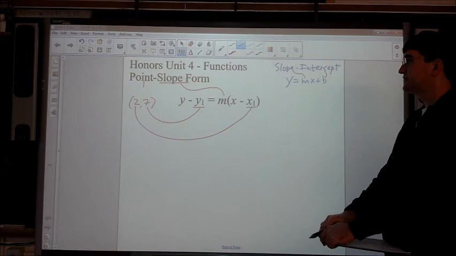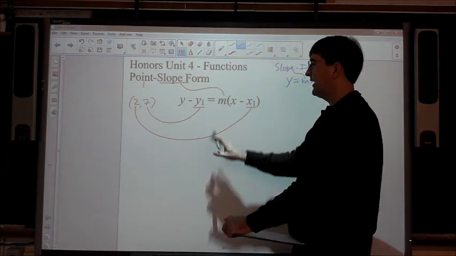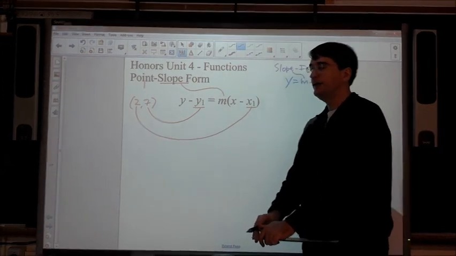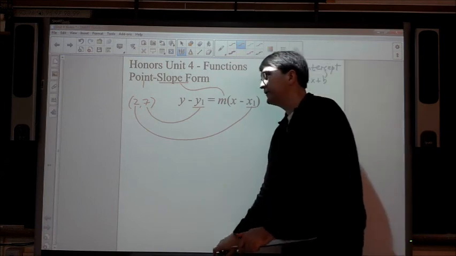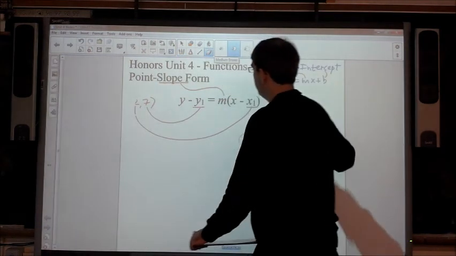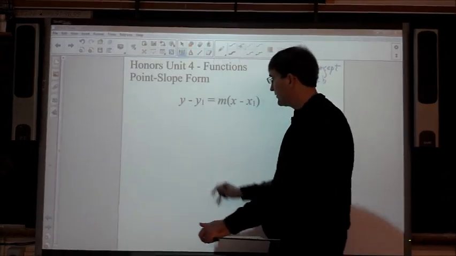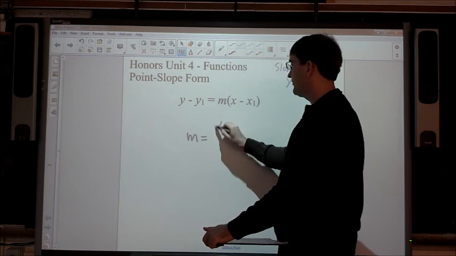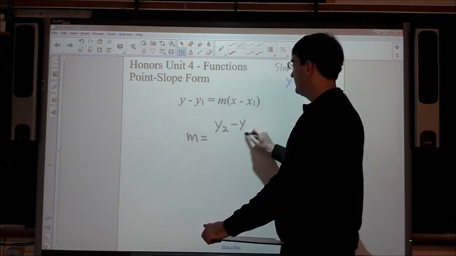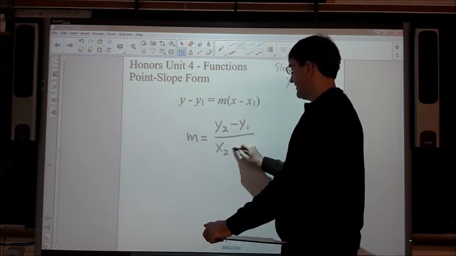We'll see an example in just a moment, but I do want to show that you kind of already have a sense for this, just based off of the definition of slope that you've probably learned in class. When we are looking for slope, remember, the formula for slope is usually written as y2 minus y1 over x2 minus x1.